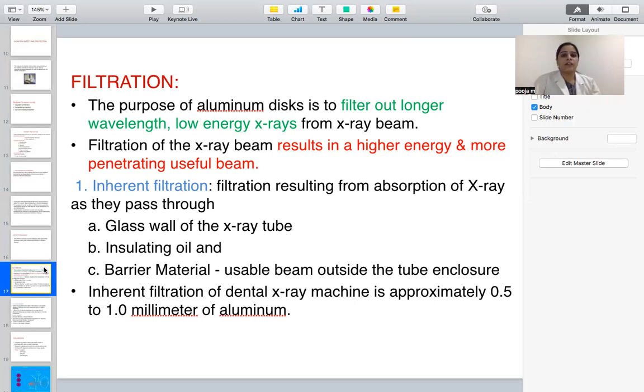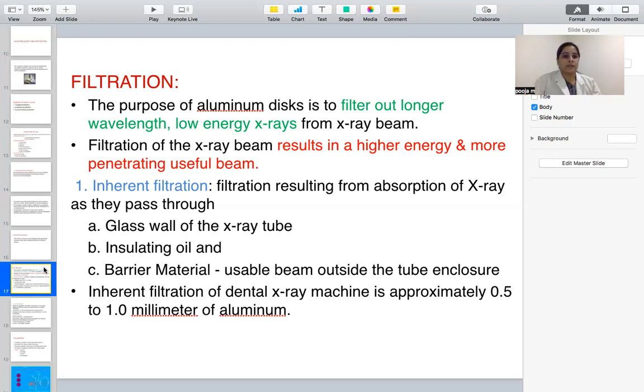The filters cut out the low energy photons or low energy X-rays, and longer wavelength photons are reduced, so that it results in a high energy and more penetrating useful beam when it reaches the patient and the film. And these are the only ones which will be helpful for forming a diagnostic image.